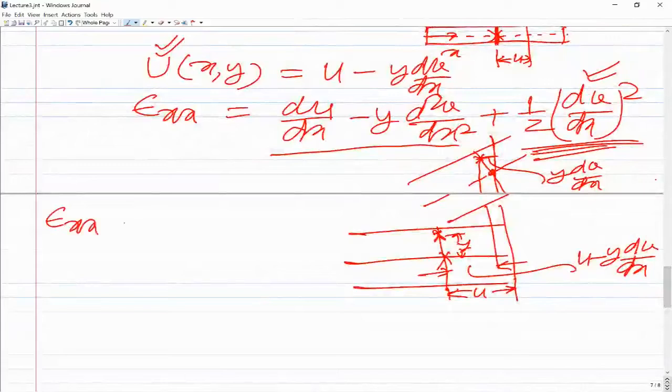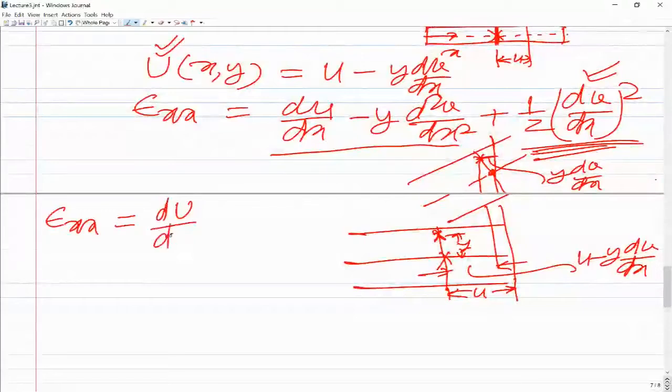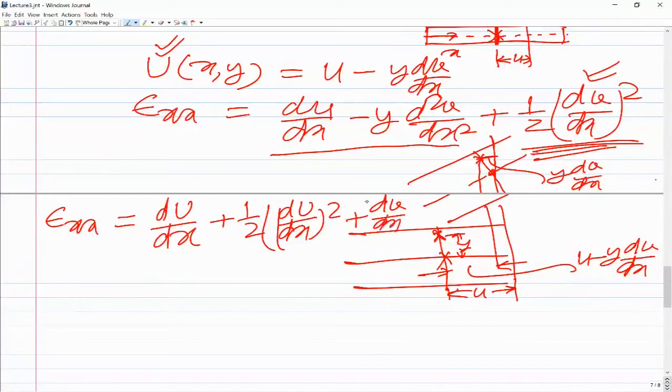So when you look at the general expression for the strain, this will be du by dx, plus we will have the other terms like du by dx whole square plus dv by dx whole square. So these terms will be there. Most of the time we consider only the linear term, but when we consider the finite deformation, then we consider both the linear terms and the quadratic terms.